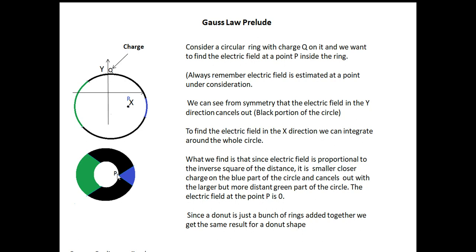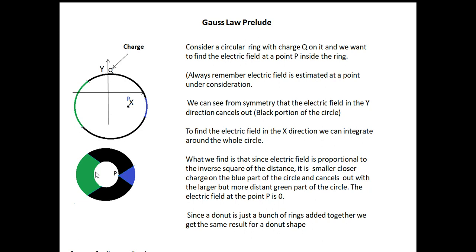So here this is smaller and here it is larger at this point. So it is smaller, closer charge on the blue part of the circle, and cancels out with the larger but more distant green part of the circle. The electric field therefore at point P will be 0.